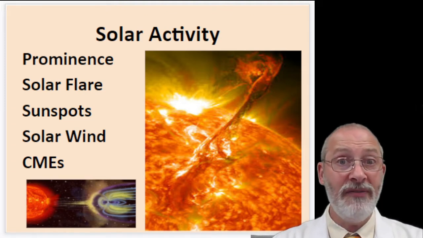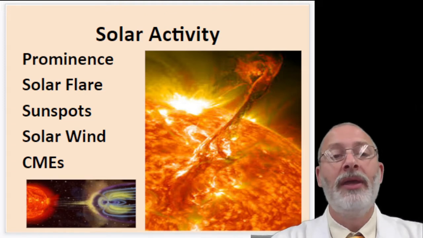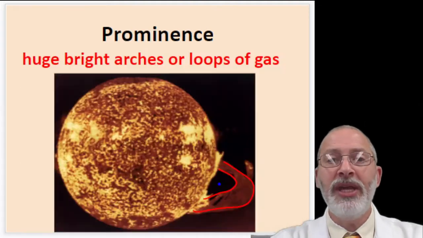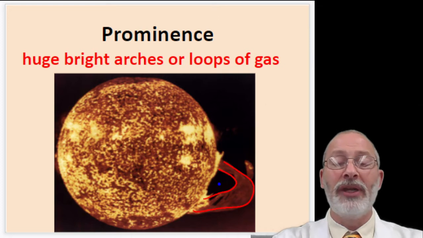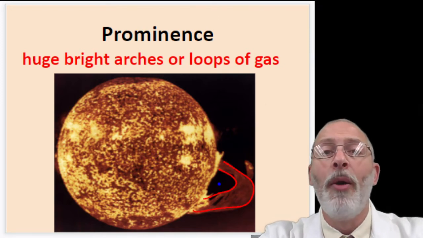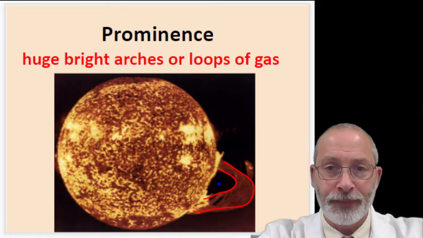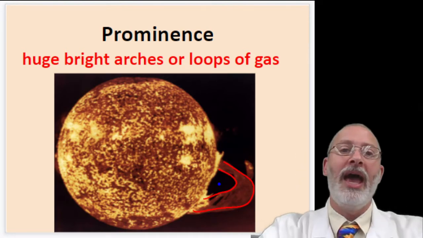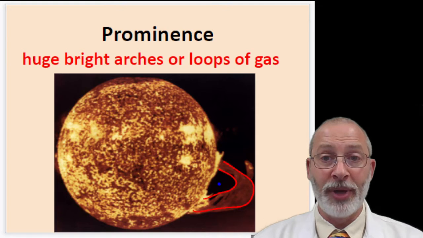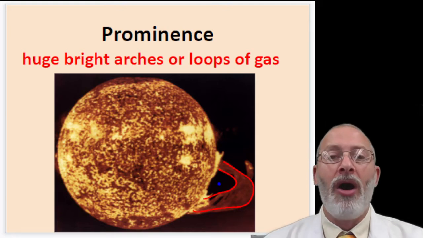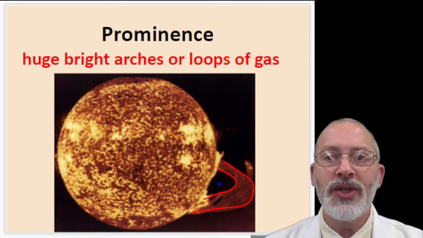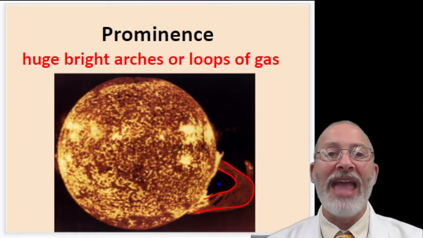All of these activities and more allow life to exist. So let's begin with our first solar activity, which is called a prominence. This isn't the most prominent activity on the sun, but prominences are huge, bright arches or loops of gas.